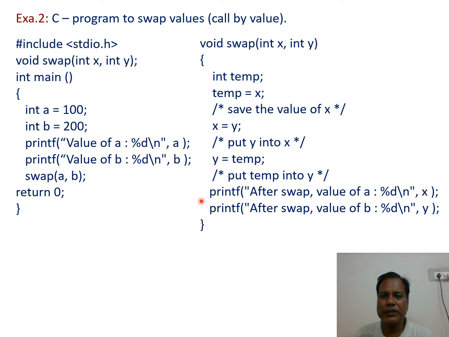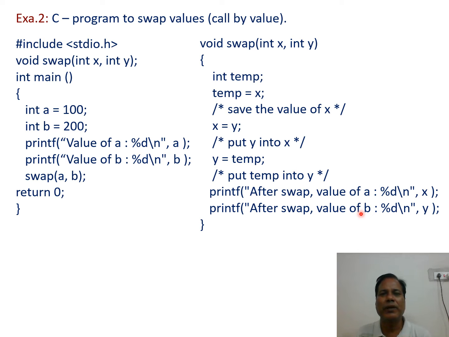And finally these two values are printed using the next two printf statements. So after swap, value of a colon and percentage d, at this point what is the value of x gets printed, and using next statement, after swap, value of b, that is value of y, gets printed.